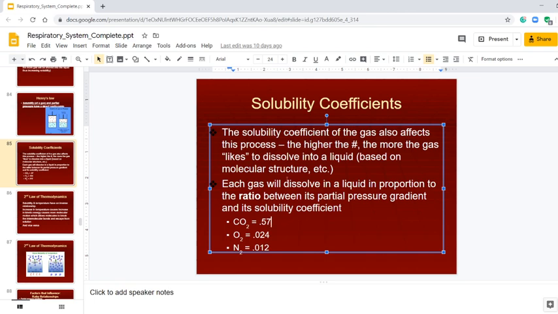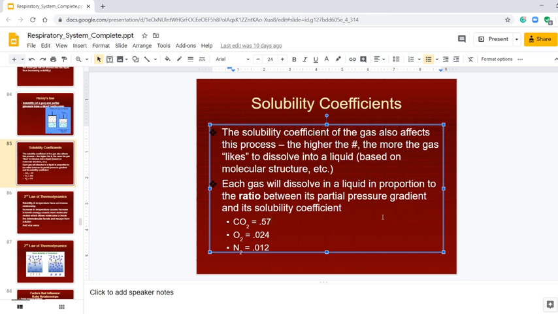Just the molecular structure of carbon dioxide allows it to be more readily absorbed into a liquid. Each gas will dissolve in a liquid in proportion to the ratio between its partial pressure gradient and its solubility coefficient.